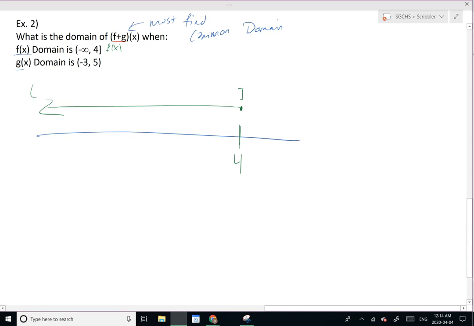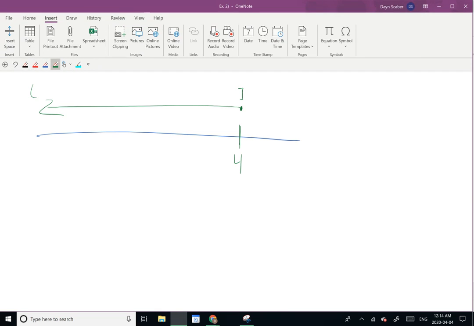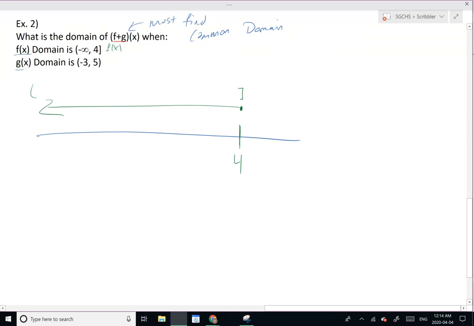Now how about looking at g of x? G of x I'm going to represent in black. So for g of x, we have negative 3 and we have 5. Now they both cannot equal because they are rounded brackets. So this would look something like an open circle, but it can be any number in between these things.